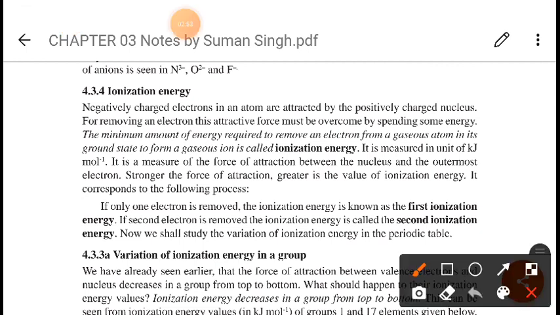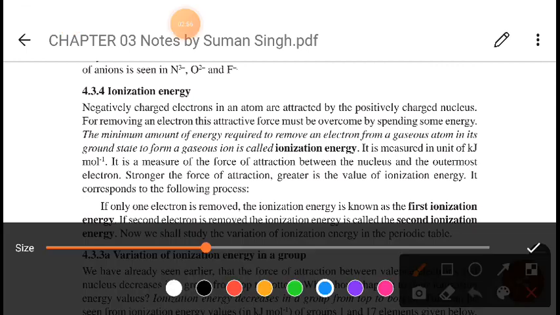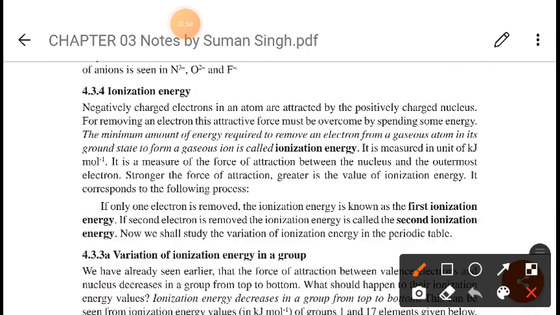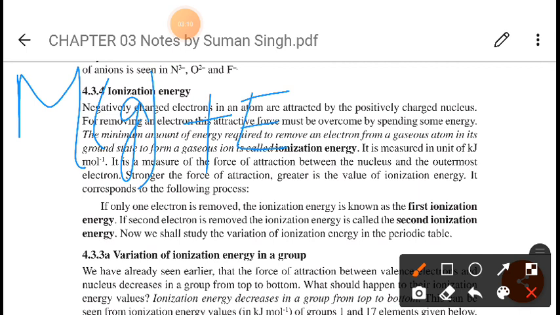So how can we write this? Suppose we have a gaseous atom M, and we supply energy to it.